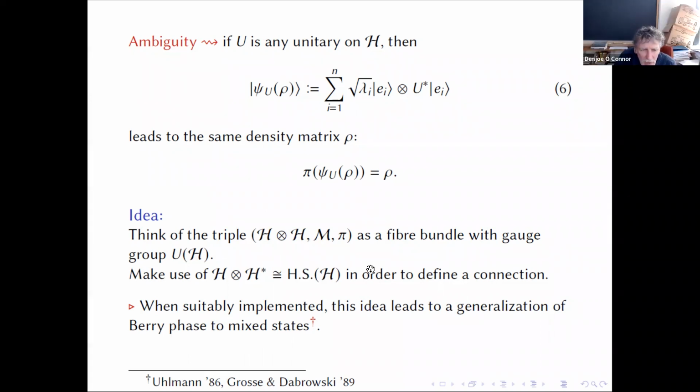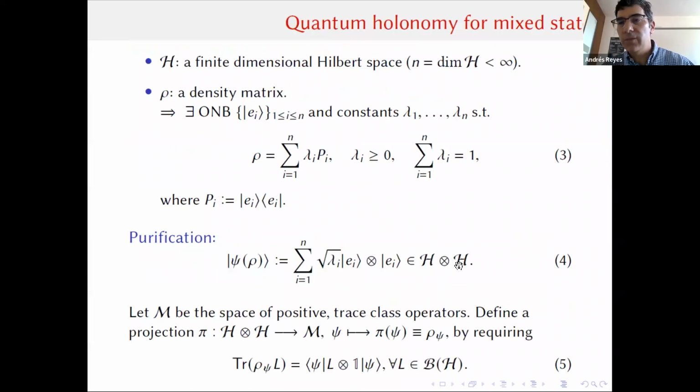Sorry, I'm slightly confused as to what U is doing here. You have a sum over i, but you've insisted that U is i independent? Exactly. So you let U act on e_i on the right here. Okay. So now this vector is defined on H tensor H. Yes. So trace out the part that corresponds to the second factor.